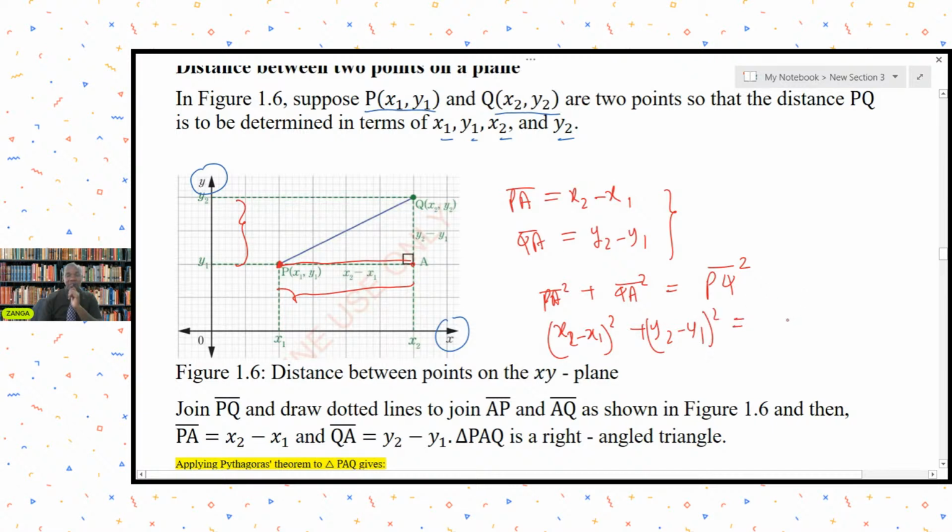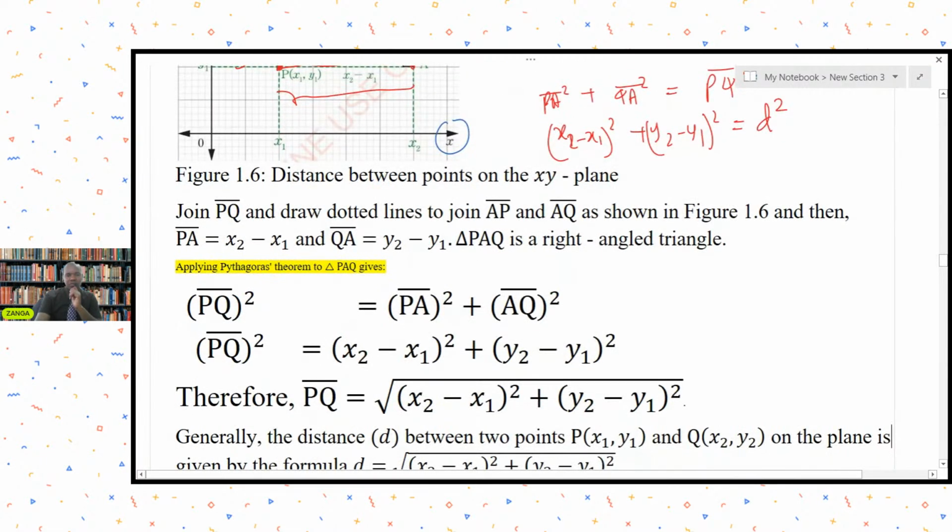And eventually PQ is the distance we are looking for, and we're going to call it distance D. So D square equals PQ square, and this is equal to (X2 minus X1) square plus (Y2 minus Y1) square.